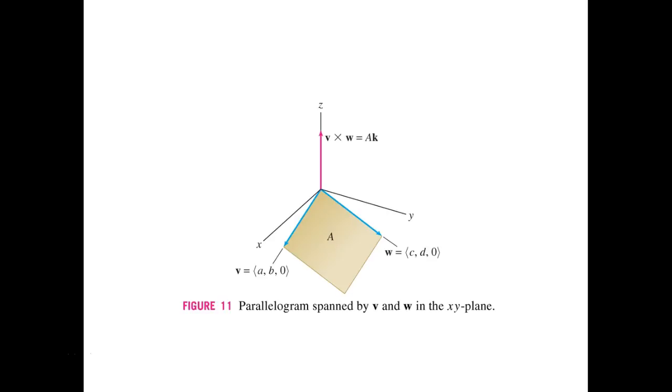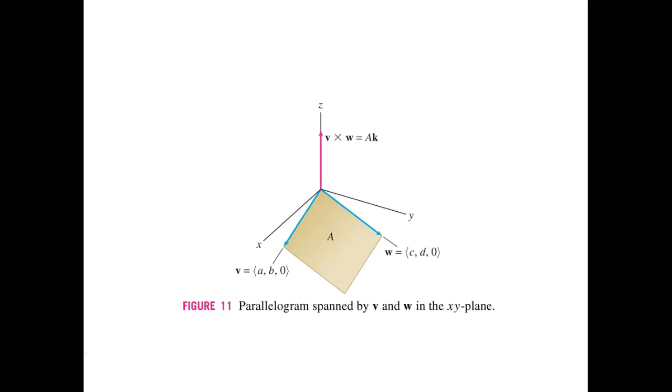If you have two vectors in the XY plane, no Z components at all, we would say V is equal to (A, B) and W is equal to (C, D). A in the X direction, B in the Y direction, C in the X direction, and D in the Y direction.